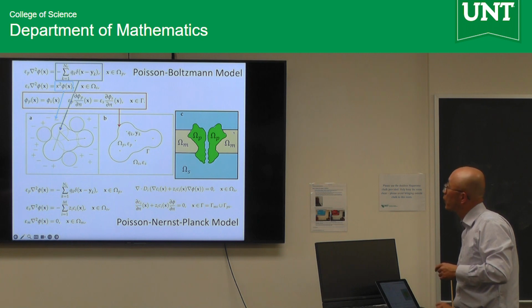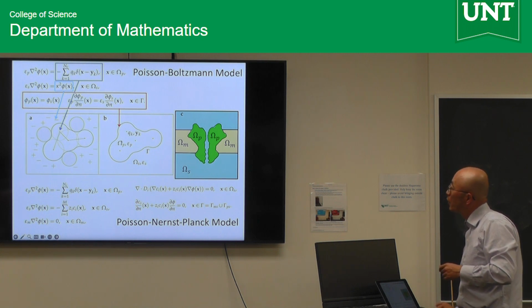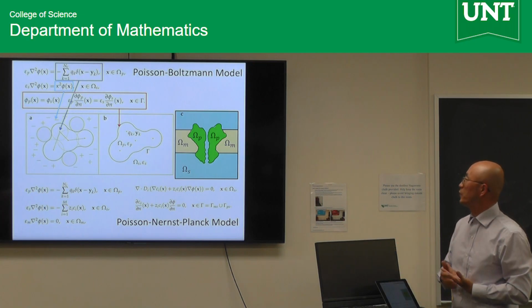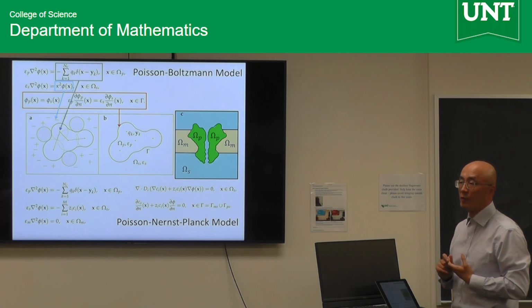For the domain, the Poisson-Boltzmann model just has inside and outside. But for the Poisson-Nernst-Planck model, you can have a solvent domain, a protein domain, and a membrane domain. So you can extend the model to be a little bit more complicated. For today's talk, I will just focus on the Poisson-Boltzmann model.